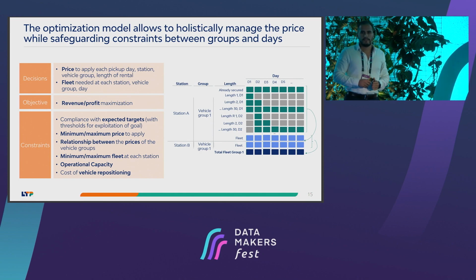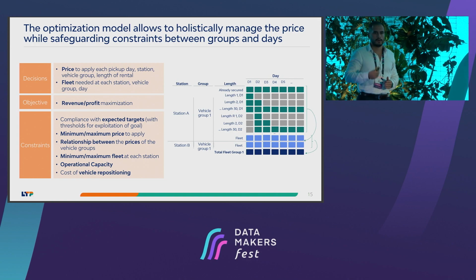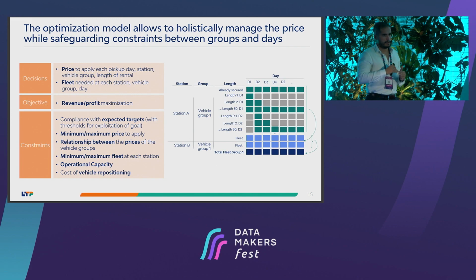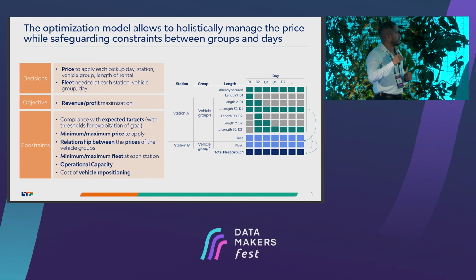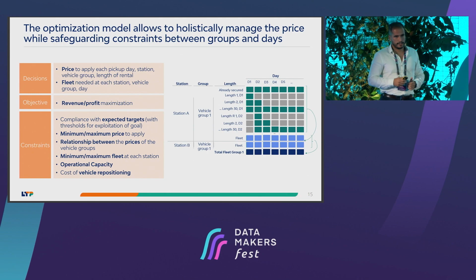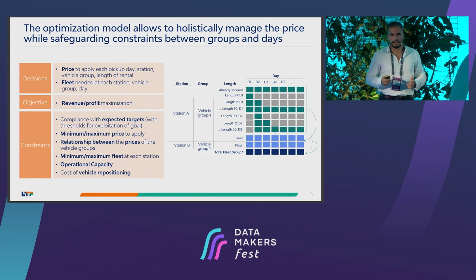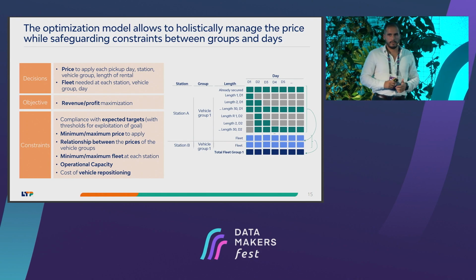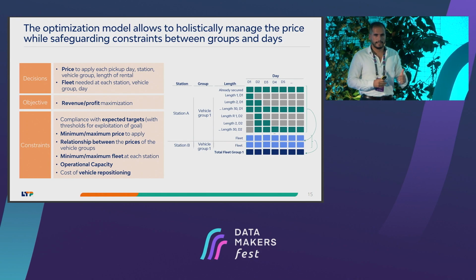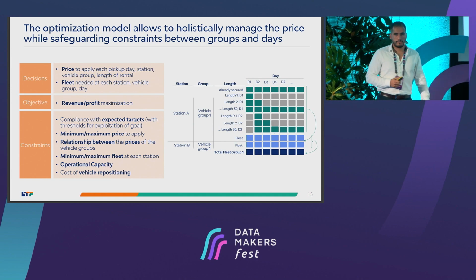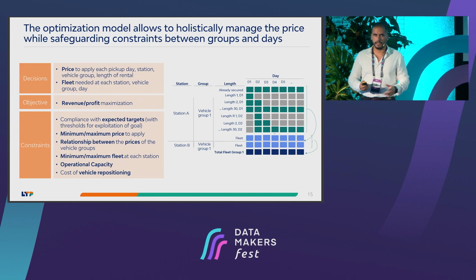We cannot have a price that is higher for a less premium car than for a more premium car. So we need to maintain these price ladders. We have a minimum and a maximum fleet at each station, because the stations have their sizes. So despite the airport station being very attractive, we cannot put all the cars there. We need to get this balance done. We also have the operational capacity, and we have costs of repositioning vehicles, so we need to take everything into consideration.